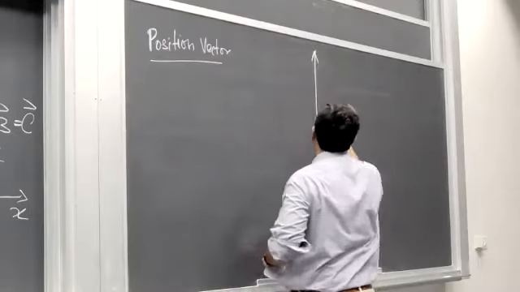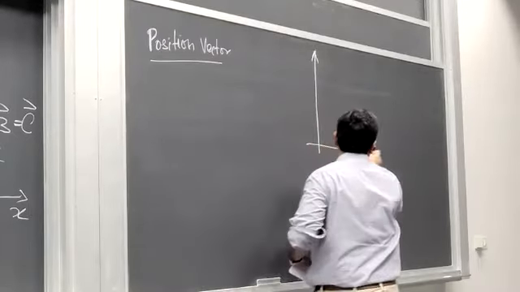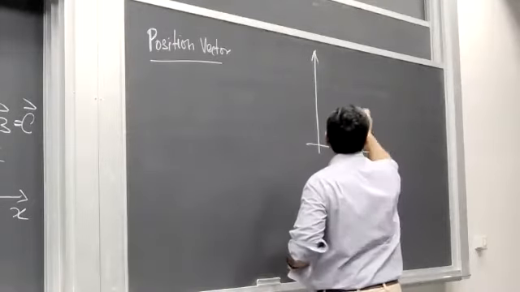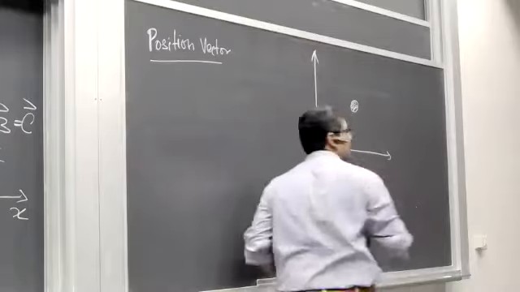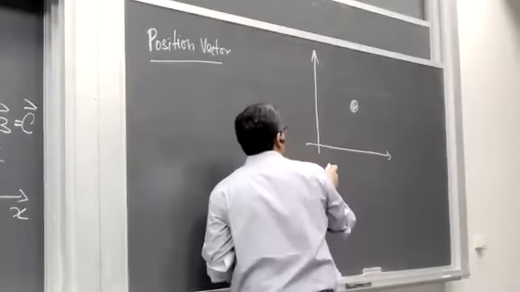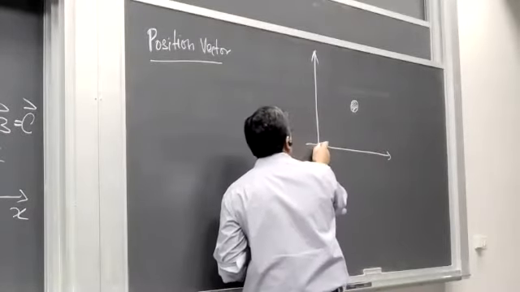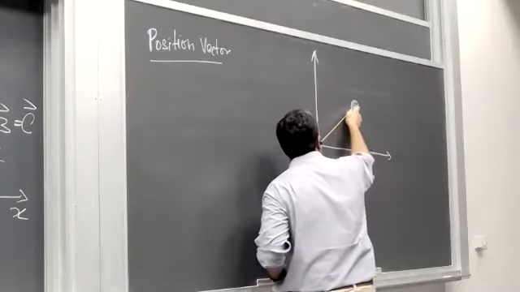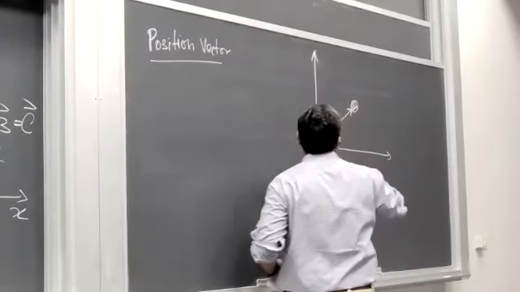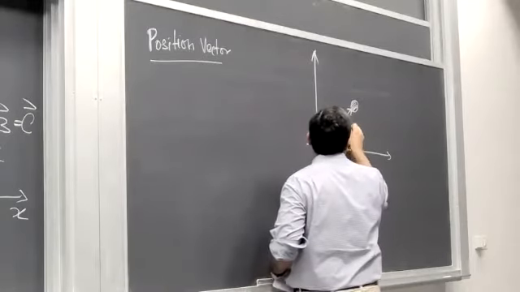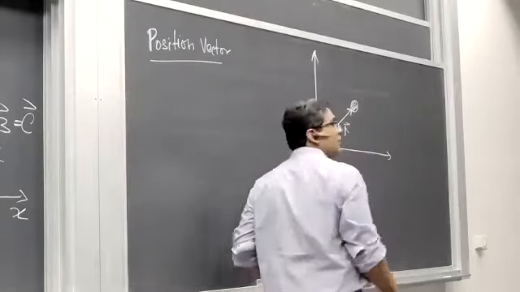And this is what it means when I say the position vector. So if you have an object, all right, and a vector drawn to the position of the object from the origin of the coordinate system, that's the very definition of the position vector. And usually it's denoted by R vector, all right?